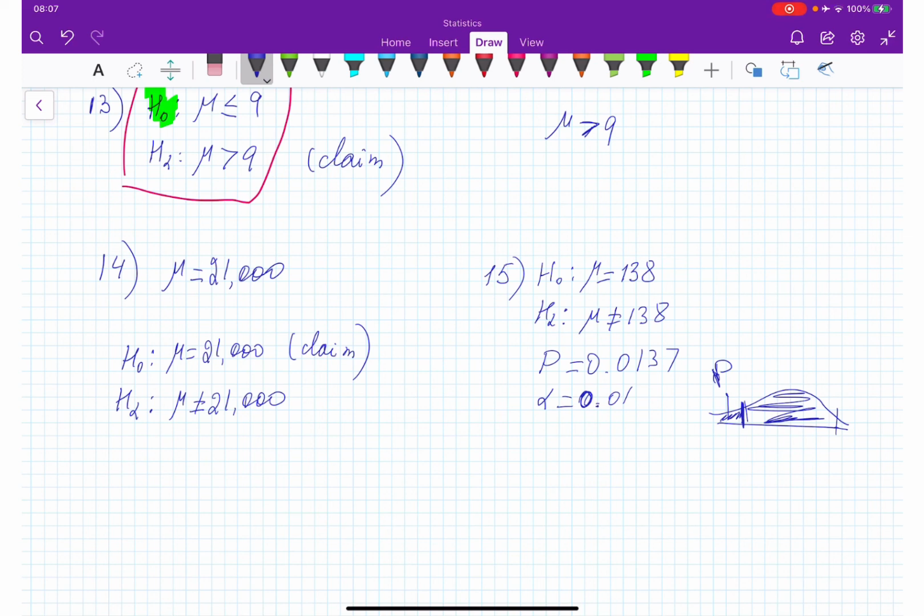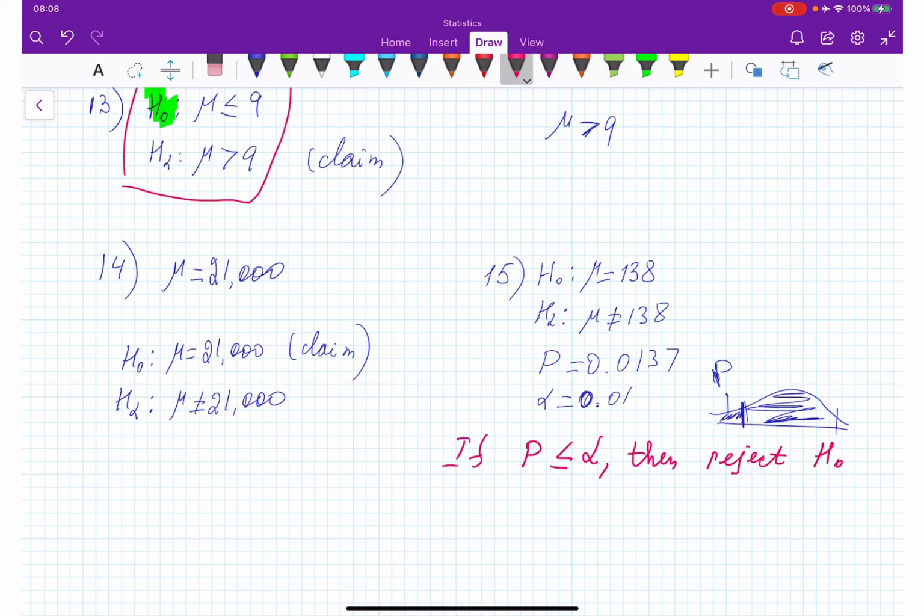So with significance level 0.01, if the p-value is less than or equal to alpha, then we are going to reject the null hypothesis.